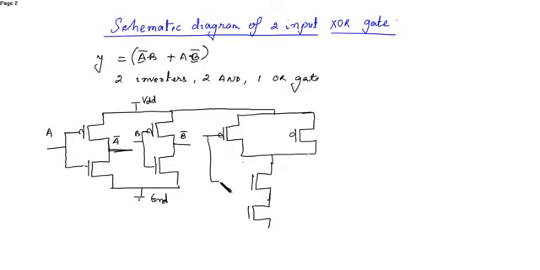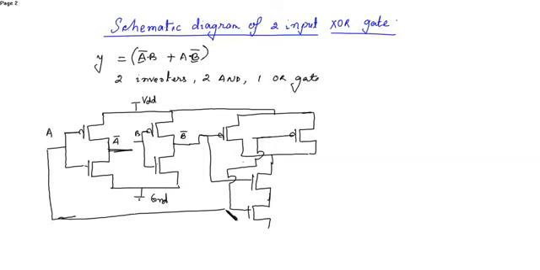This is A, this is the second input B. Let's say this is B bar, then the second input will be A, and this is ground.